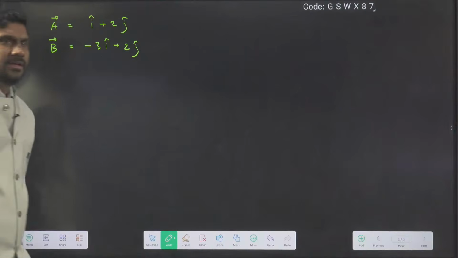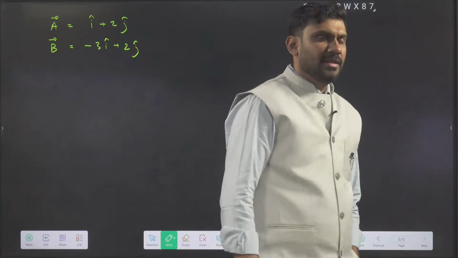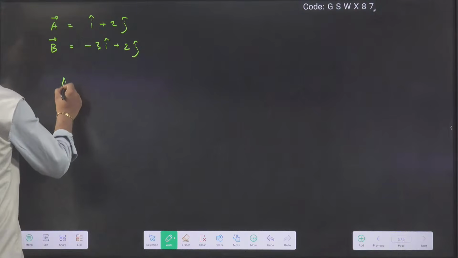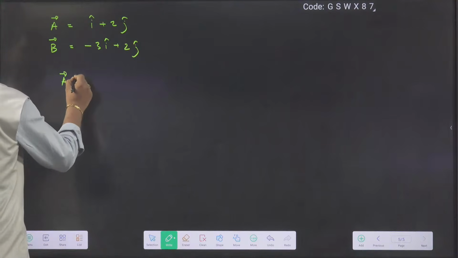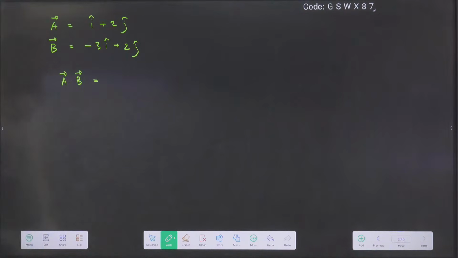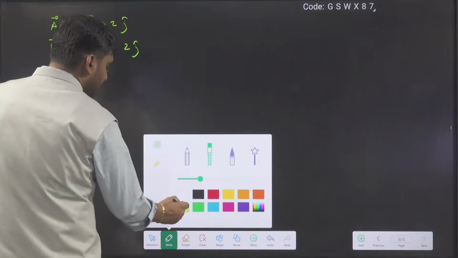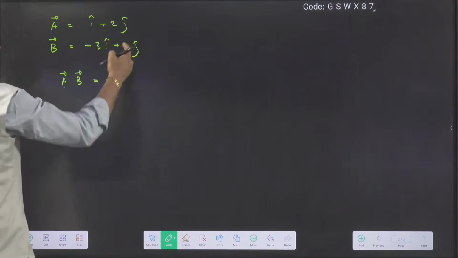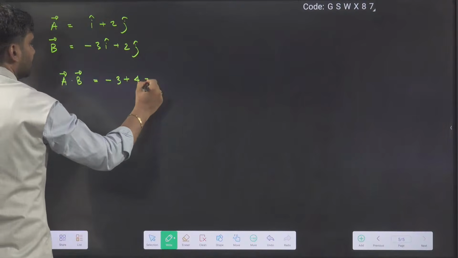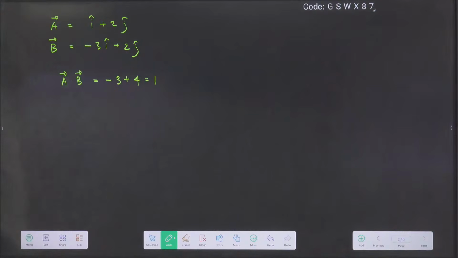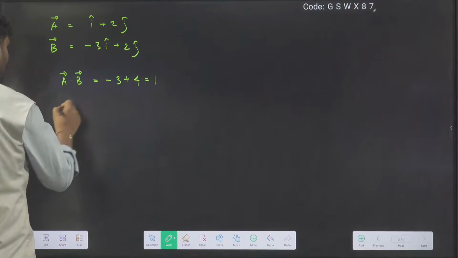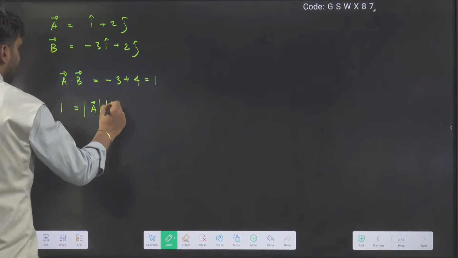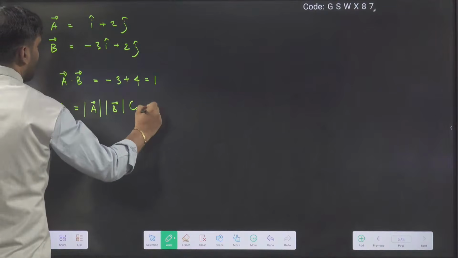Anyone with the answer? Let's see, a vector dot b vector, how much is it coming? Say quickly. I with I, minus 3, j with j, plus 4, that is equal to 1, right? So now 1 is equal to magnitude of a times magnitude of b times cos theta.